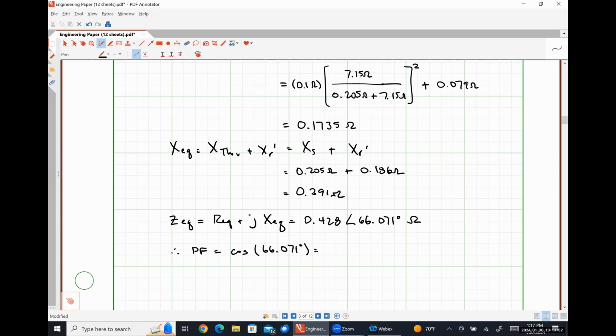So the cosine of the argument of my previous answer comes out to be 40.56% lagging.